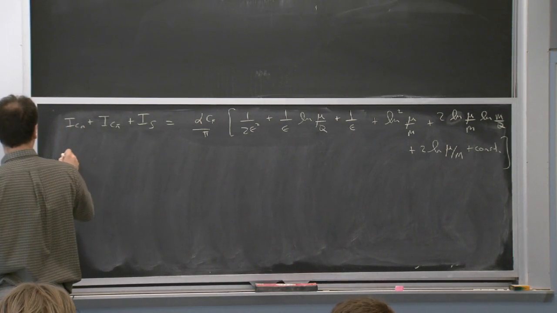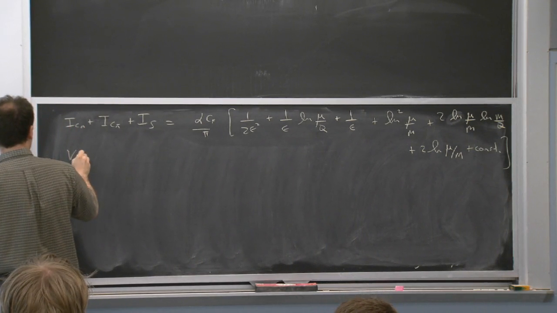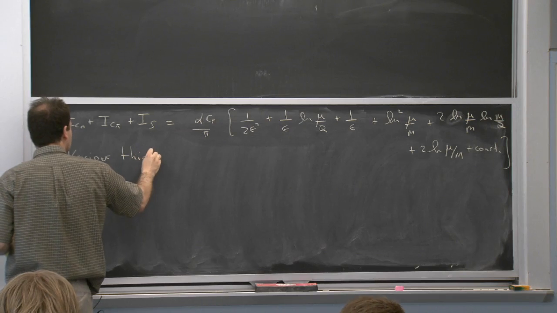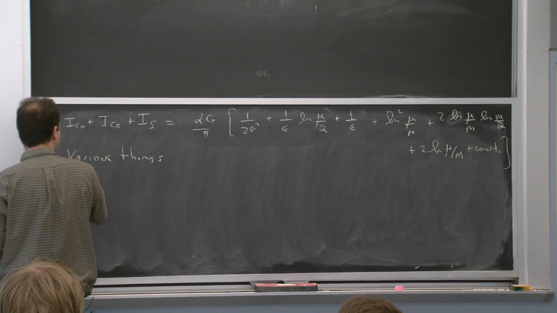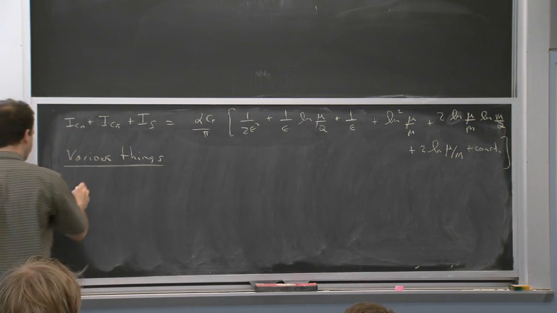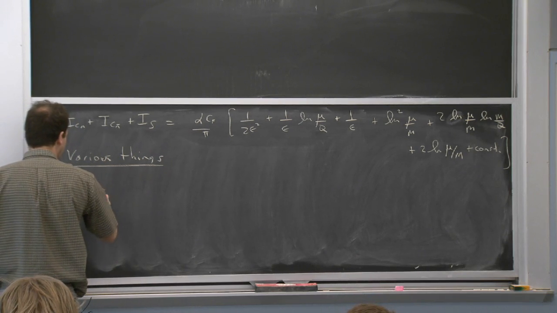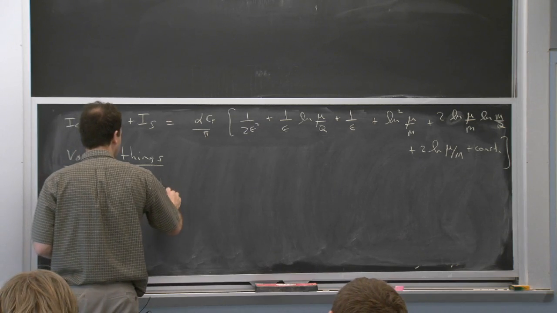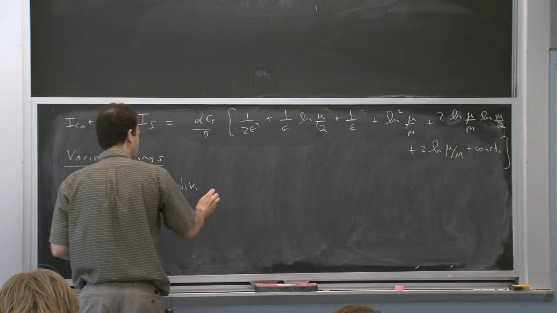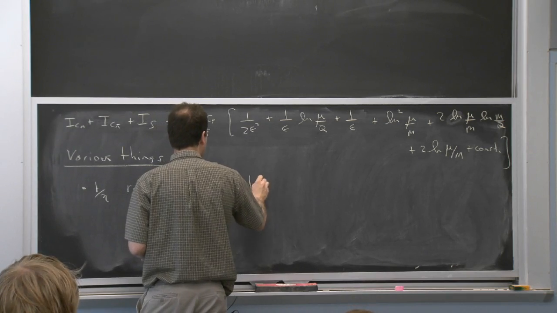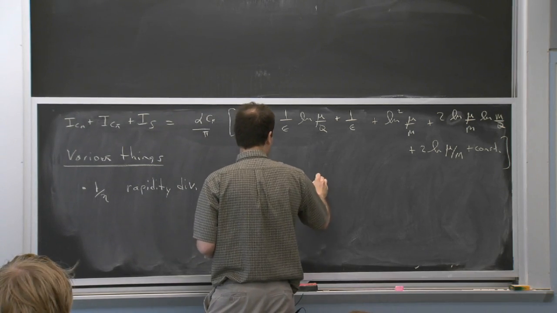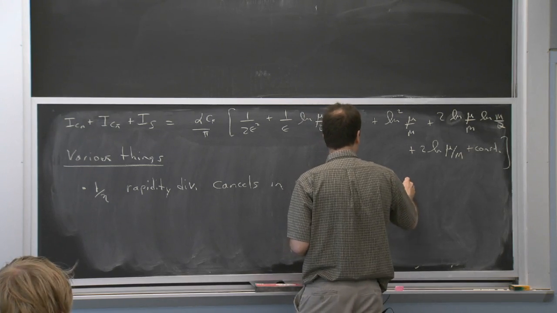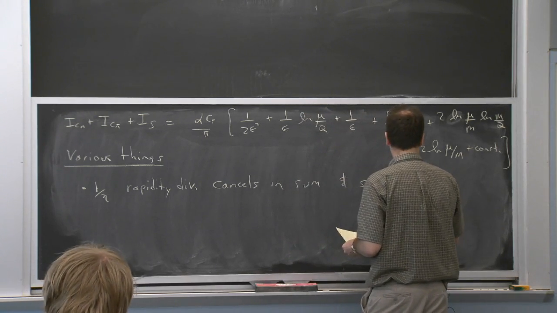So there are sort of various things, which we'll start talking about now and we'll continue talking about next time. So the rapidity 1 over eta divergence, which we can call a rapidity divergence, cancels in the sum. And of course, so does the log nu. And that's as expected.